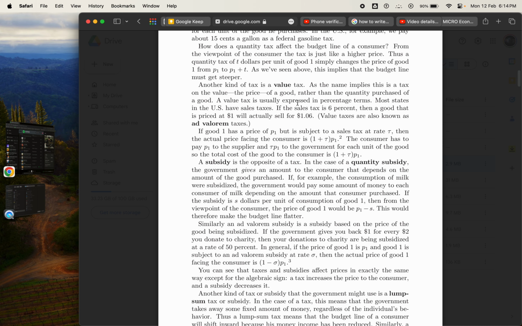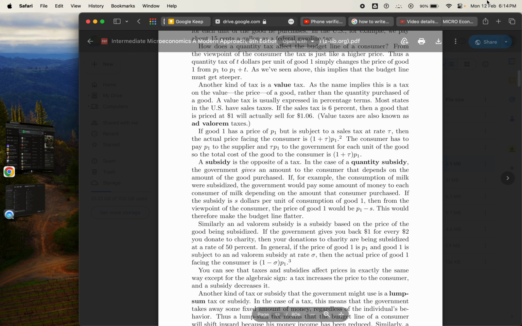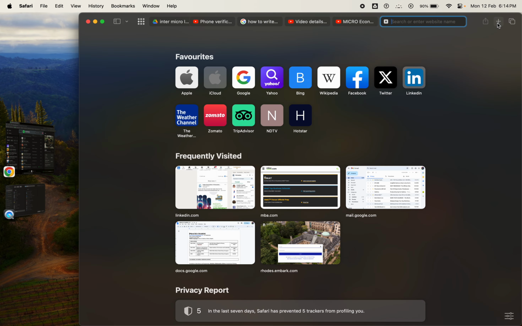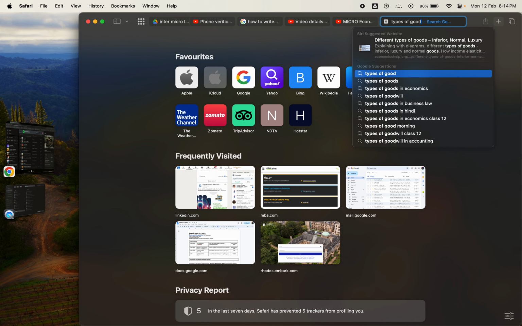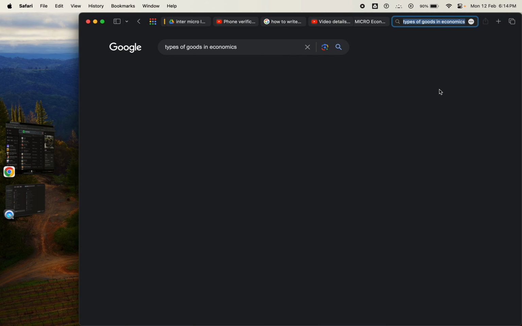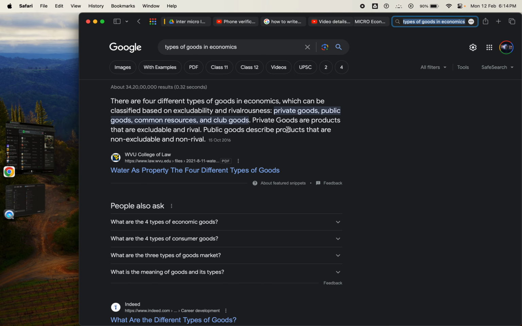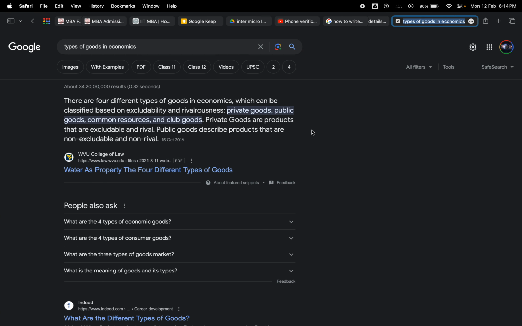Value tax is where we see the value of the good. There are different types of goods, right? There are giffen goods and there are, let's see what kind of goods there are. Types of goods. So there are private goods, public goods, common resources, and club goods.